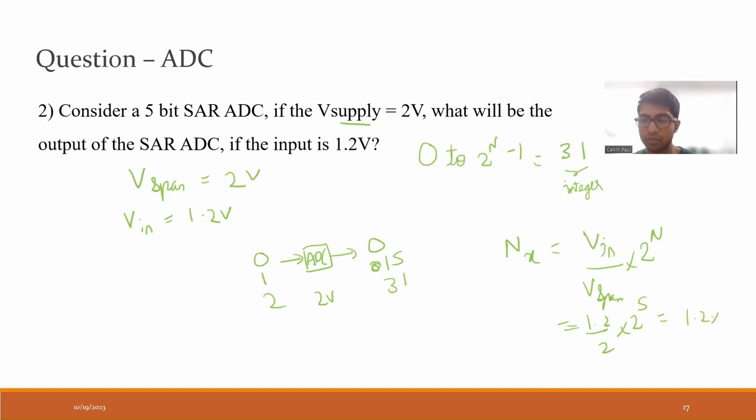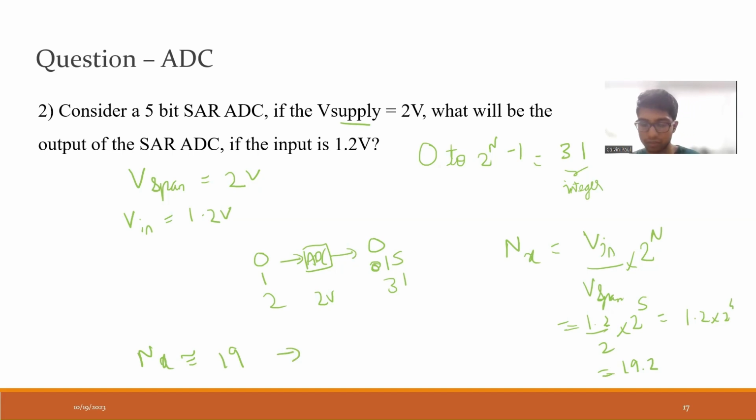So it is 1.2 into 2 raised to 4, so it is 1.2 into 16, which comes out to be 19.2. It should be an integer, so we approximate to 19.